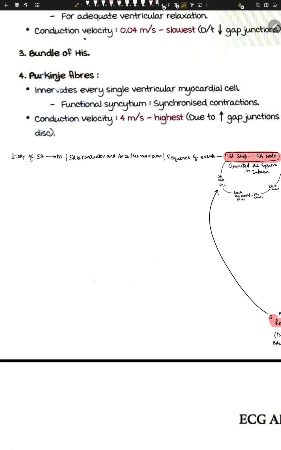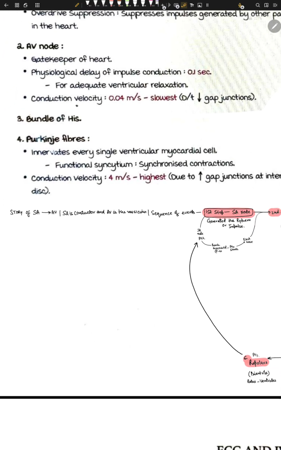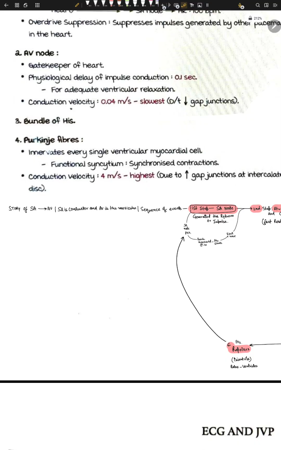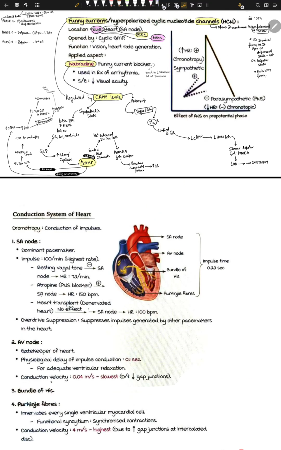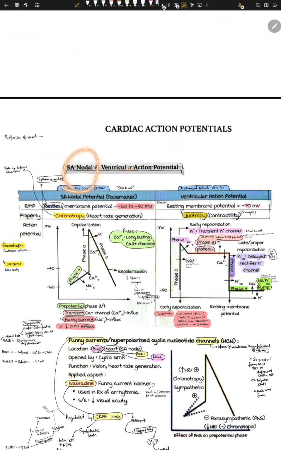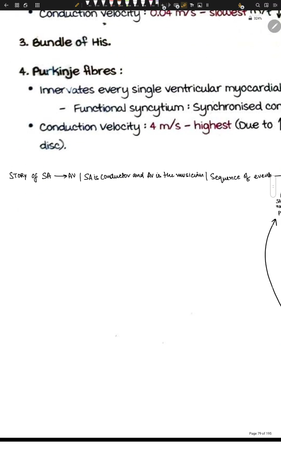And this is the reason why we have 4 meters per second speed, unlike 0.3 or 0.5 meters per second, that is the AV node. So that was the whole concept of intercalated disc and conduction of the heart, SA node, AV node, cardiac action potential.